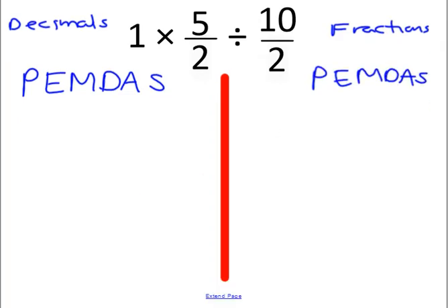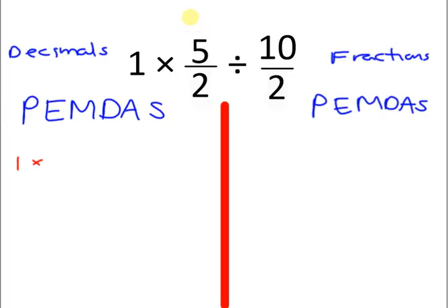Alright, so I'm going to rewrite it over here as decimals. So I have 1 times. Now 5 over 2, what is that as a mixed number? Okay, that's 2 and 1/2, which is 2.5, okay, divided by, what's 10 over 2 as a fraction? 5.